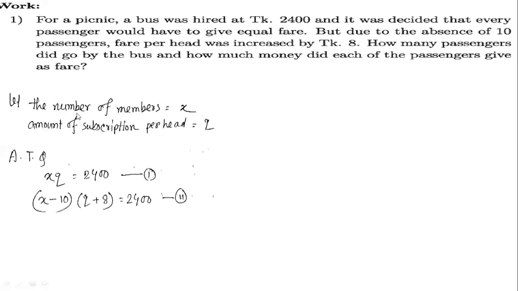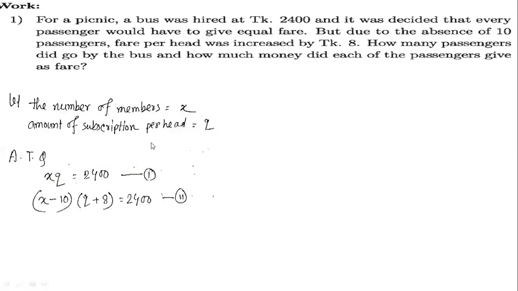So first, what actually happened? There were some persons who were thinking that they would go by giving equal fare, and our total money was this. So how can we construct the value? Suppose the number of members is x and the amount of subscription is q. Just multiplying these two, we should have 2400.